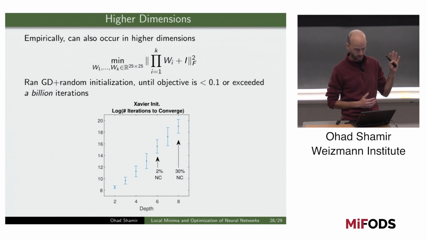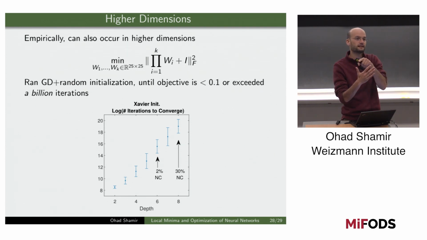First, starting with Xavier initialization. What you can see here is, for different choices of the depth of the network, k, the log number of iterations until one of these two stopping conditions held. And it's very clear that this is linear, which means exactly that the dependence on the depth is exponential, right?